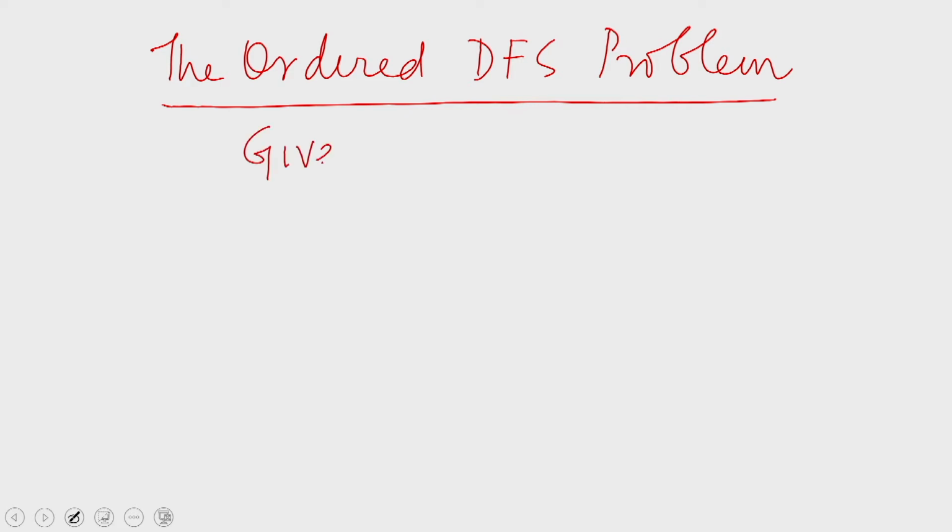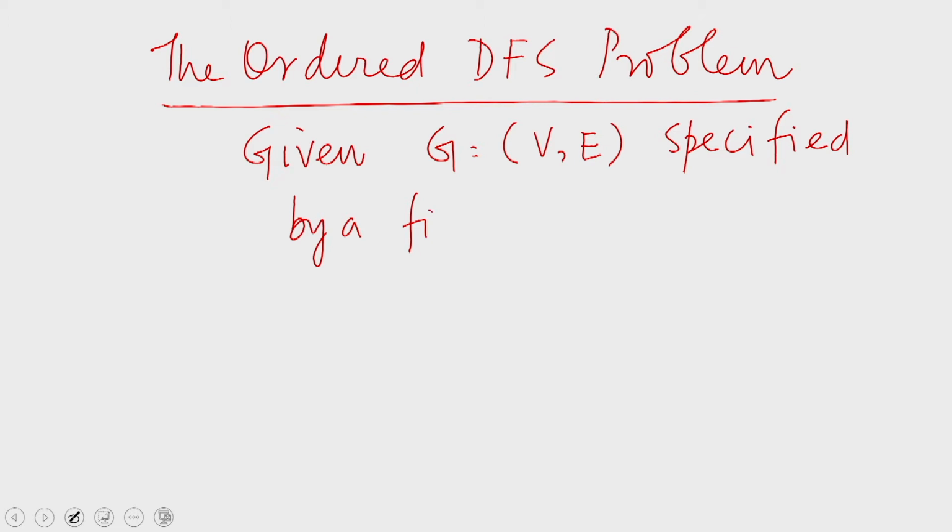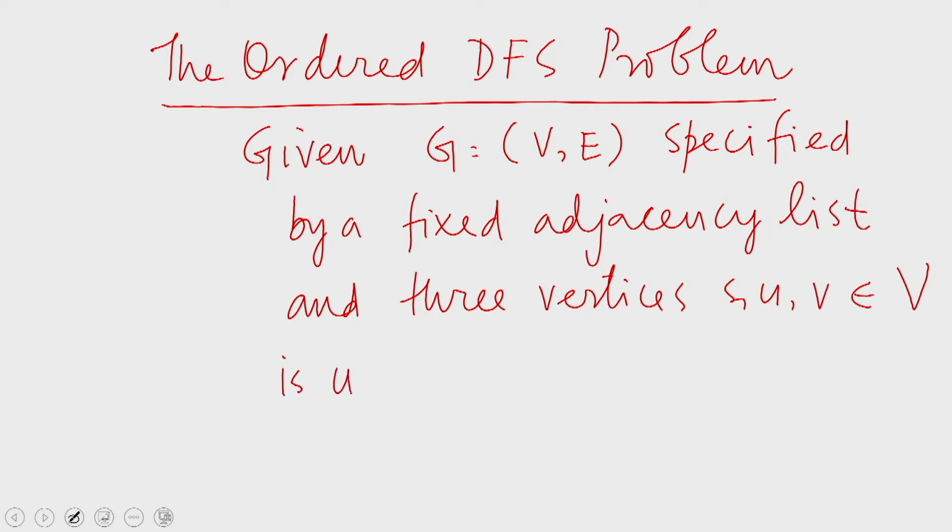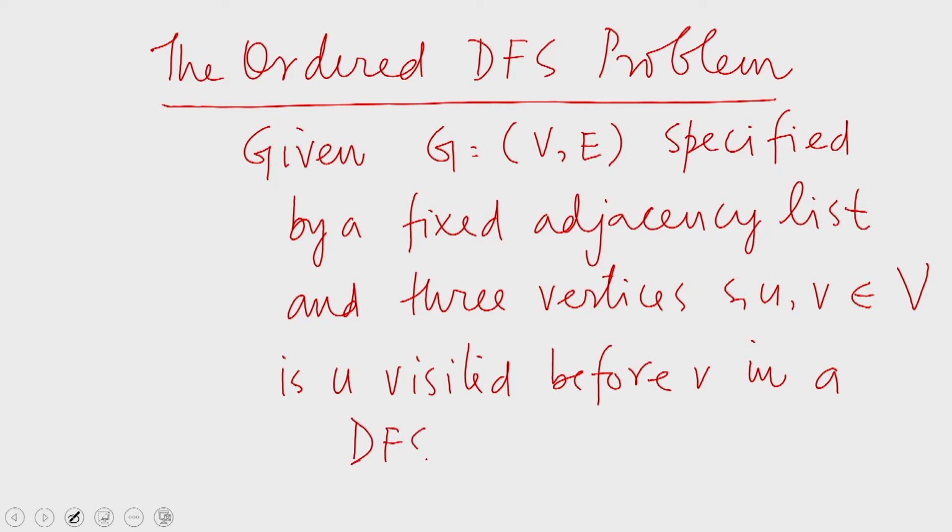It is defined thus: given a graph G equal to (V, E), where V is the vertex set and E is the edge set, specified by a fixed adjacency list, and three particular vertices S, U and V of the graph, is U visited before V in a DFS of G starting at S. This is the question that we have to answer.